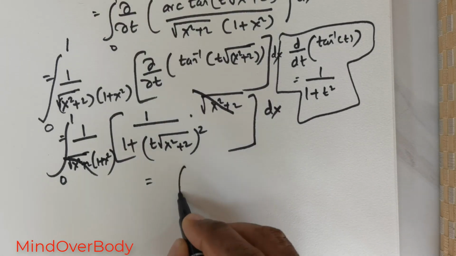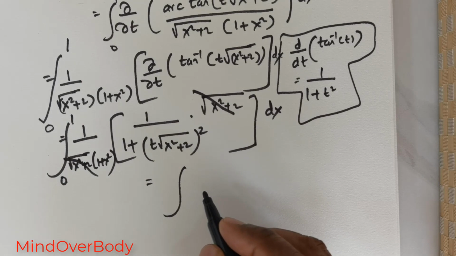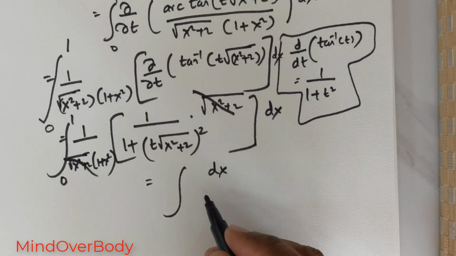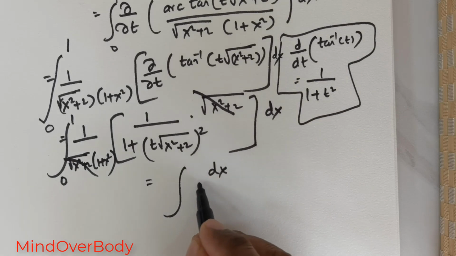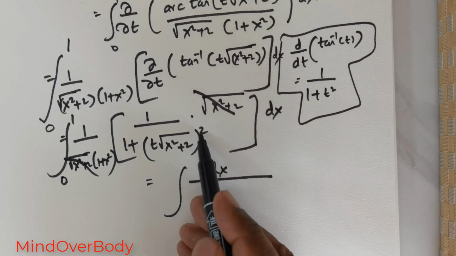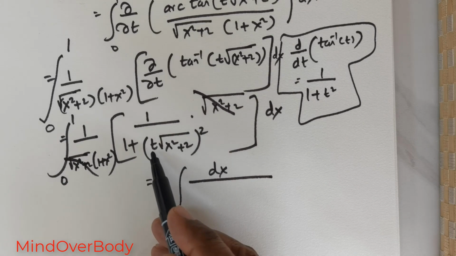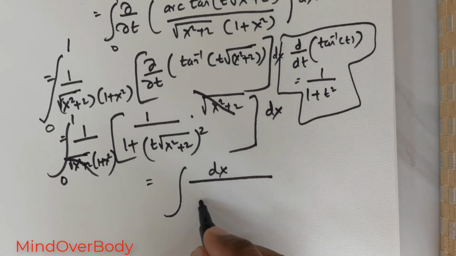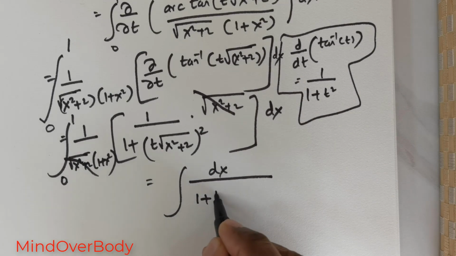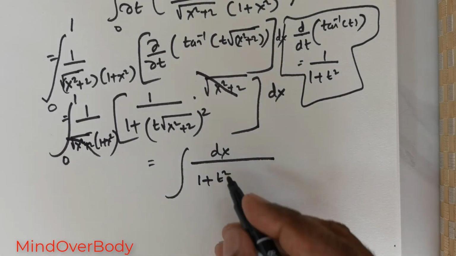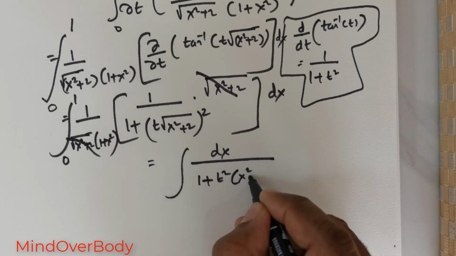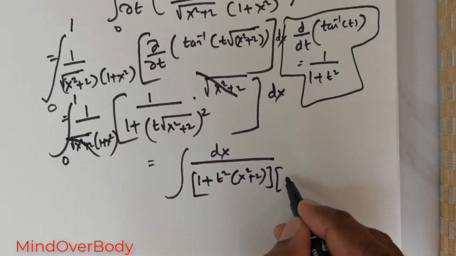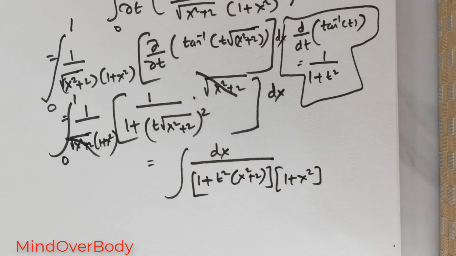You're left with the integral of dx divided by 1 plus t squared times x squared plus 2, that's one quantity, multiplied with 1 plus x squared. So this is what we've got.